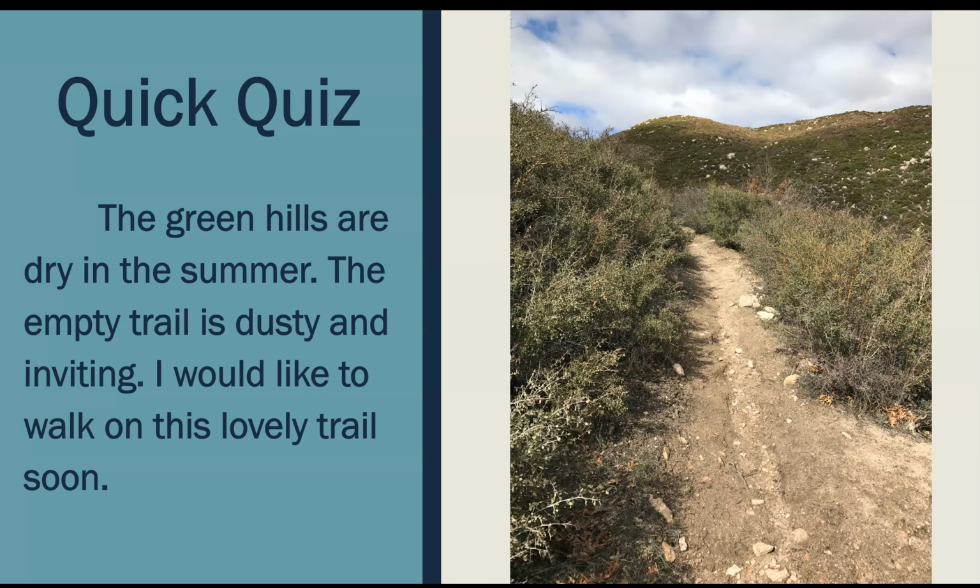Okay, so I described everything in that photo and I added more information, right? I said, the summertime, I would like to walk on it. So I'm giving my own feelings, I'm adding to it. And that describes the photo, right? The photo looks a little simple, but you can make it interesting with your ideas and your words.